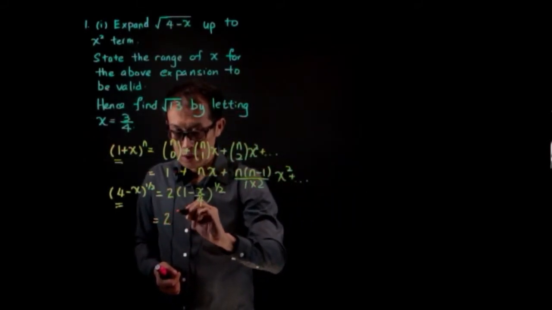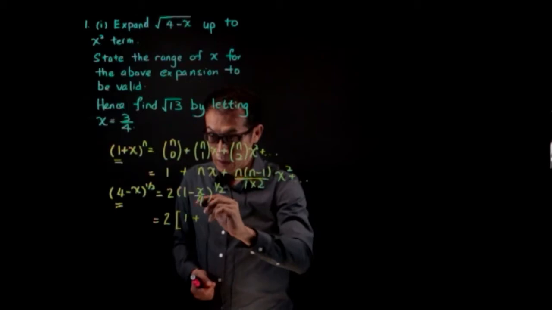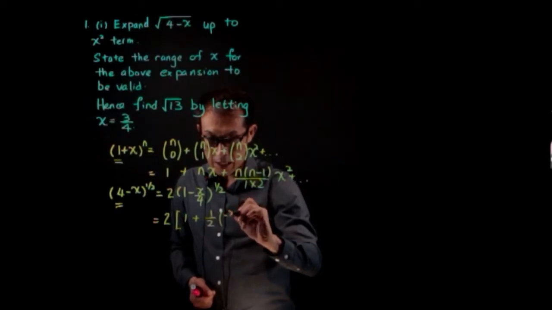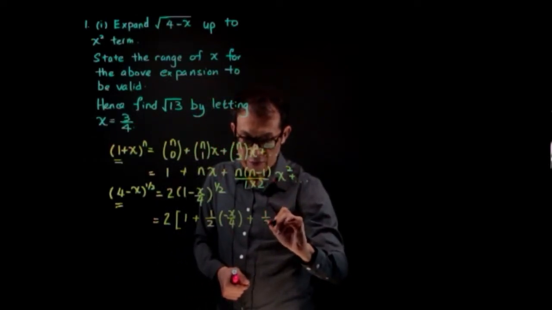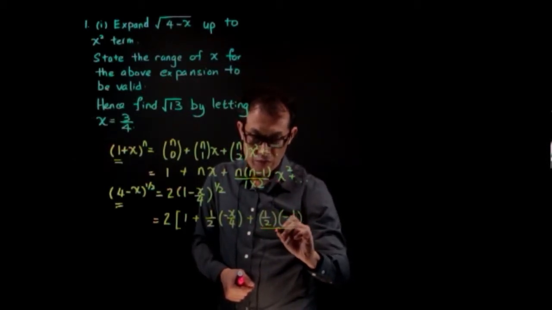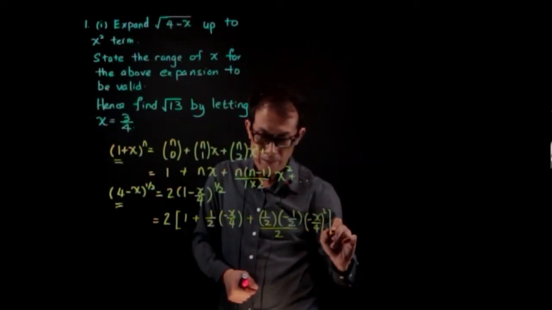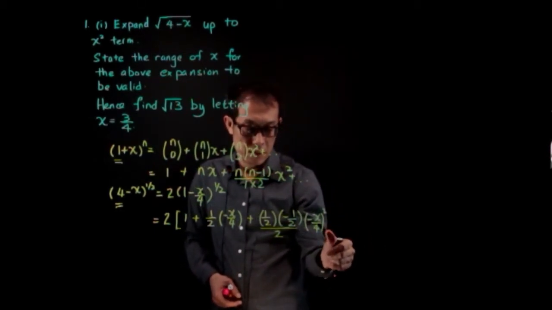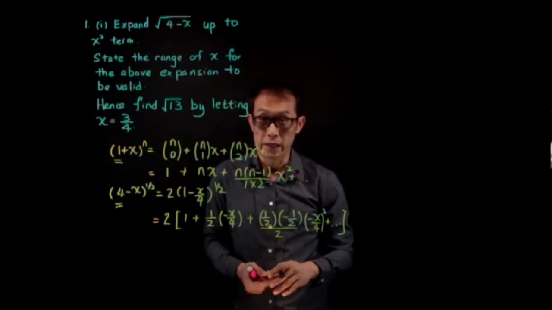So you get 2 into 1 plus half into x over 4, close bracket, plus half into minus half over 2 into minus x over 4 squared, plus dot dot dot. You want it up to the x squared term, so I stop at the x squared term.